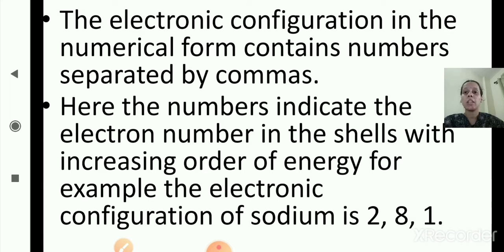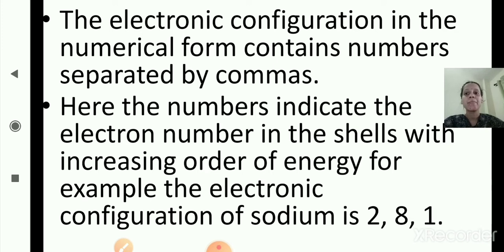Here the numbers indicate the electron number in the shells with increasing order of energy. As you have studied, in the K shell the energy level is low and the outermost shell has the highest energy level.